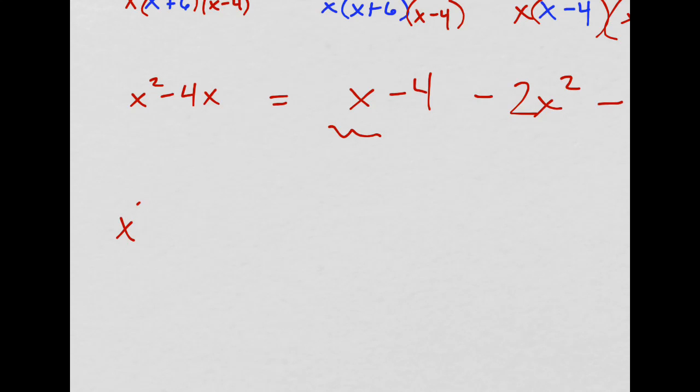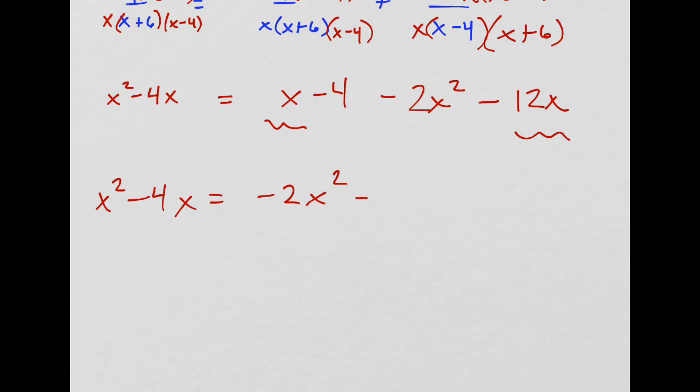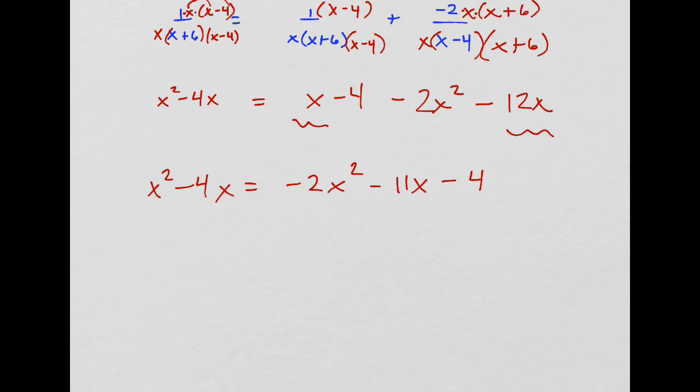And then you're going to move everything to one side. So I'll just rewrite stuff. I like to have my x squareds first, and then minus 11x minus 4. I would move everything to the left side because my negative 2x squared, it's negative, and I want it to be positive.